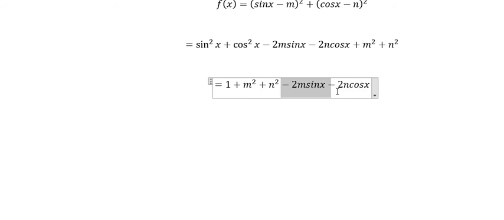Now we need to consider this part of the function, which is minus 2m sin x minus 2n cosine x. In this way, we will use the Bunyakovsky inequality.